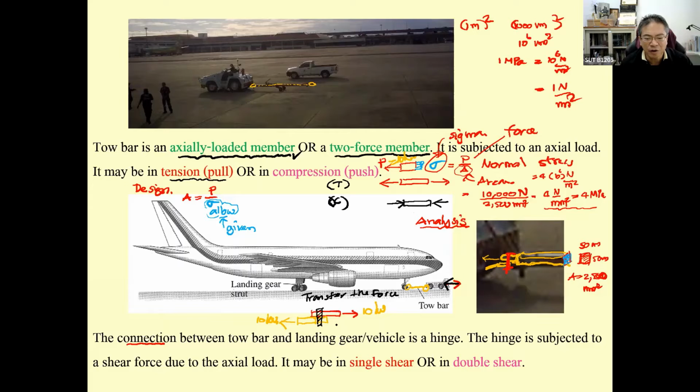How is it going to transfer? By doing this, you again draw the tow bar. No, this is not the tow bar, this is the link to the car. And you also draw the tow bar. Let's say this is the tow bar, this is 10 kilonewton, and this one is also 10 kilonewton.